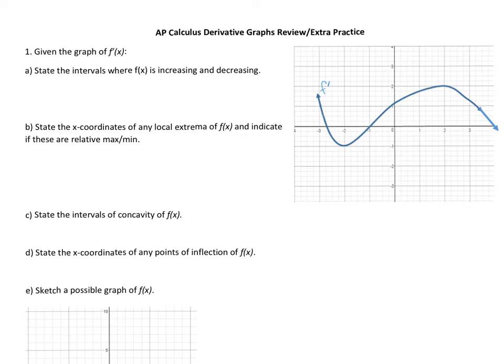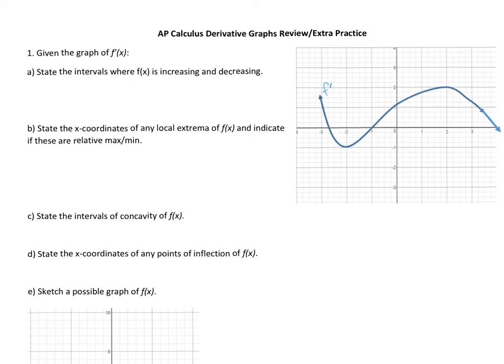And we want to know the intervals of increasing, decreasing. Now the method I taught you guys that I really think is beneficial is the number line method. So what we're going to do is create a number line right here, and on this number line, this is going to be f prime. I'm going to look at my f prime graph and determine where it is zero, where it is above the axis, and where it is below the axis.